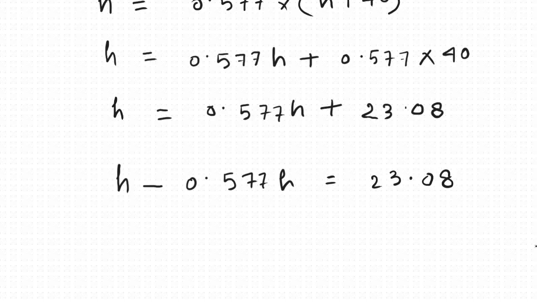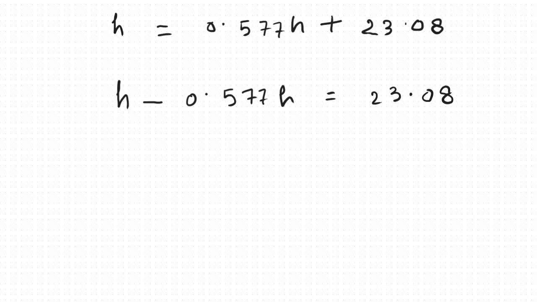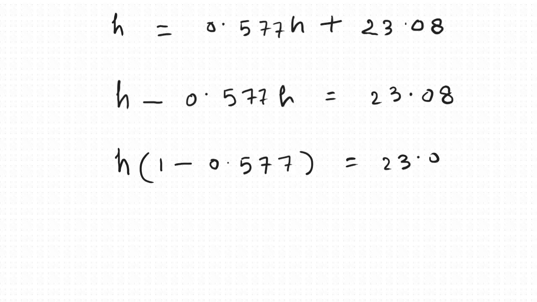We can take H as a common term and we can write H times 1 minus 0.577 equals 23.08.